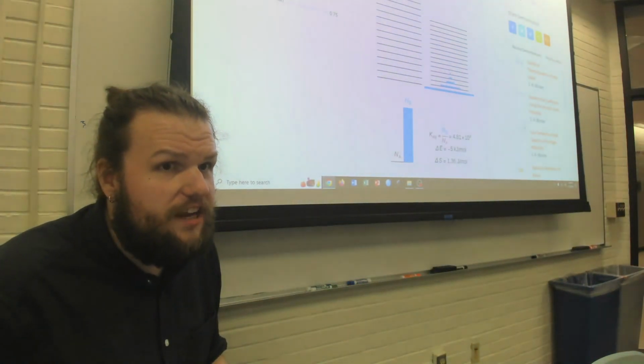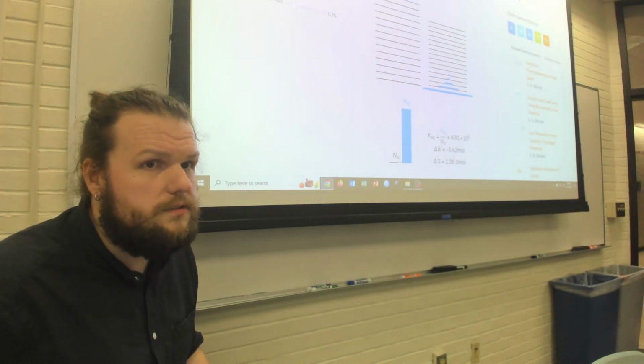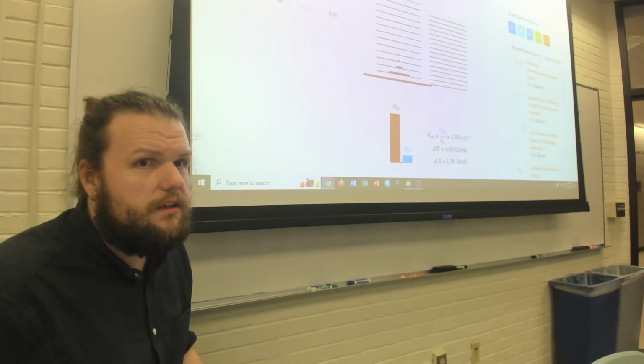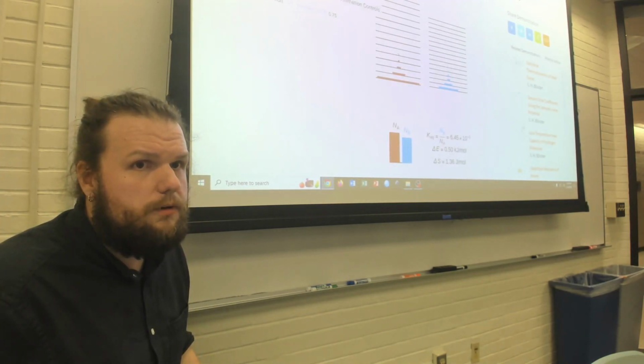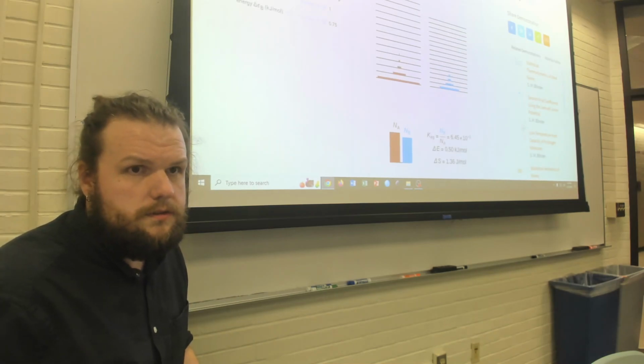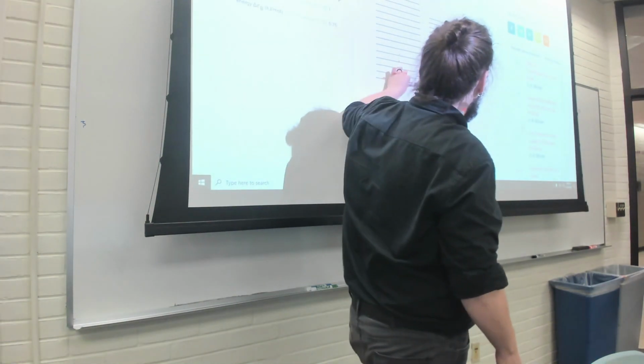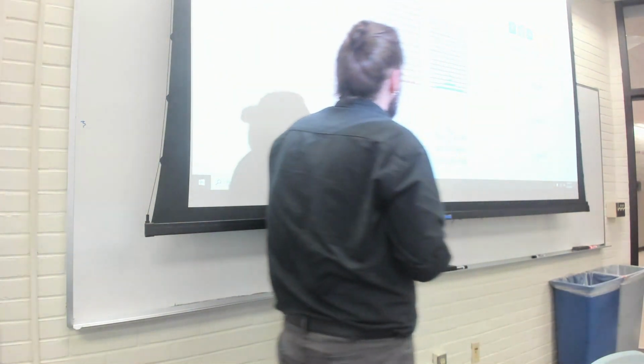And now as I change the enthalpy, right now I'm going to set the enthalpy difference to where they're about equal. So now they have the same energy, the same enthalpy. There's no enthalpy change.